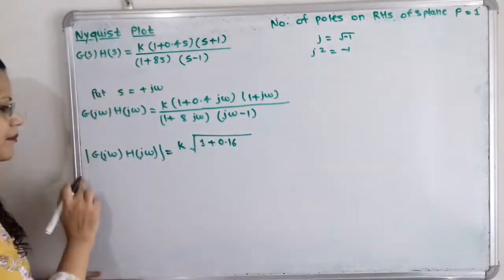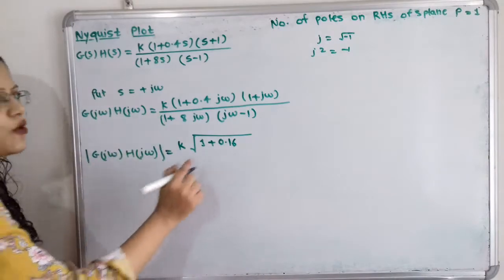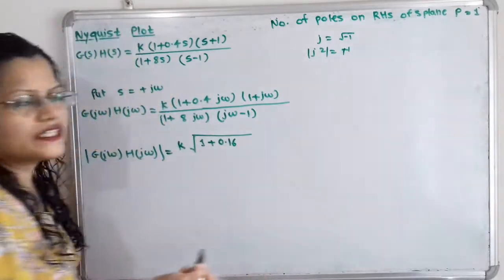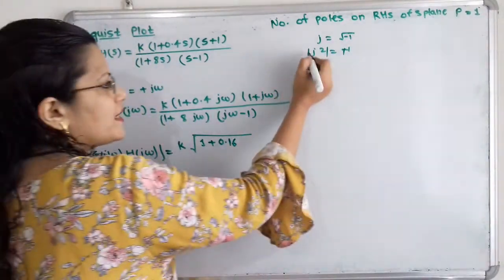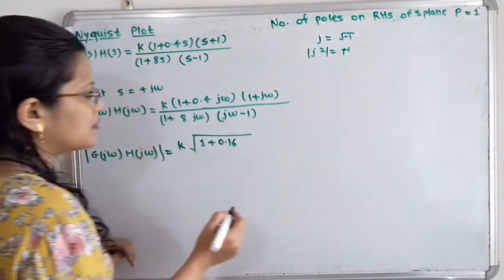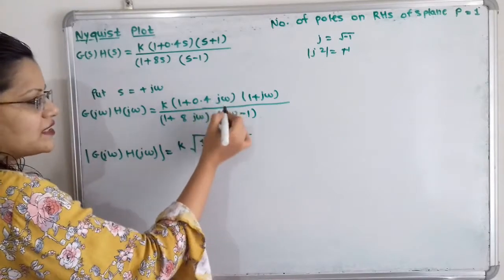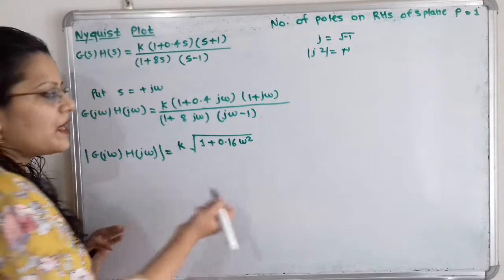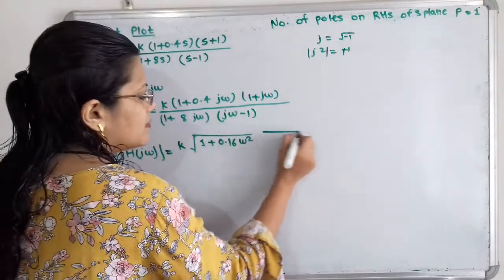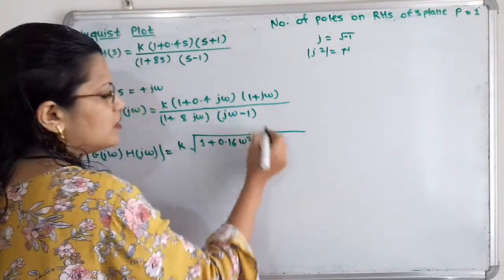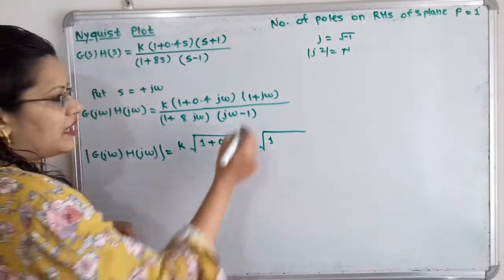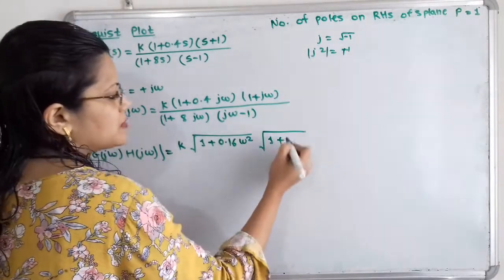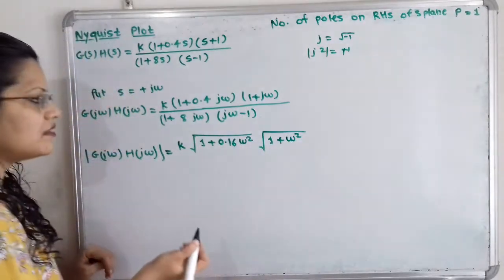But here in magnitude we have taken the modulus, so whenever we take the modulus of j squared, the minus sign becomes plus. So we have to take j squared as plus 1, and the remaining term, omega squared, we will write as it is. In the same way for the second term also we have to take the square root. Square of 1 is 1 and plus j squared omega squared, but the modulus of j squared is plus 1, so I will take here omega squared.